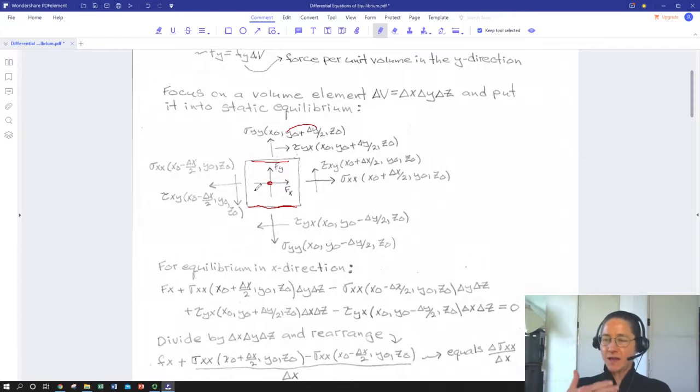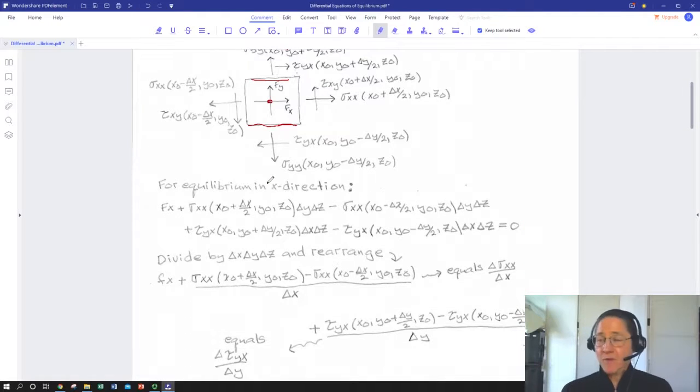And if we had a z plane, we would define that the same way. If this were z0, the plane coming towards us would be z0 plus delta z over 2, and likewise going back. So we've defined our shears and normals in terms of the face they're acting on, the direction they're pointing in, and the location of that face with respect to a known coordinate point x0, y0 at the center.